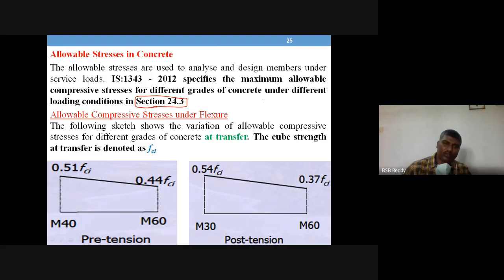Okay, so all these allowable stresses are given in IS code. You don't need to worry about remembering all these diagrams, right? They are readily available in IS 1343-2012. Okay, so have a copy of it with you for your ready reference. Okay, so you can open your IS code.